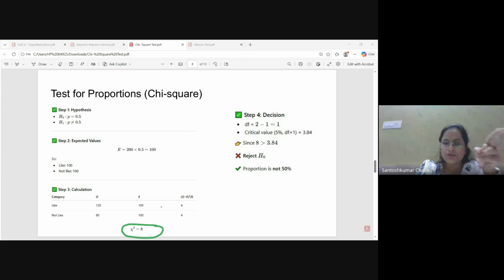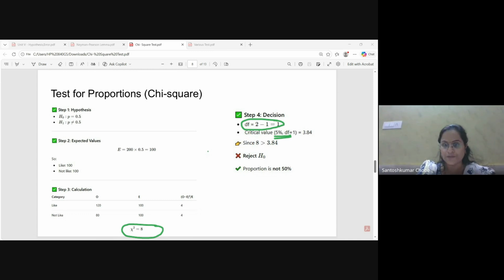So at degree of freedom 1, how did I calculate it? df is 2 minus 1, which is equal to 1. So for degree of freedom 1, the critical value at 5%, that is 0.05, is provided in the exam, correct?